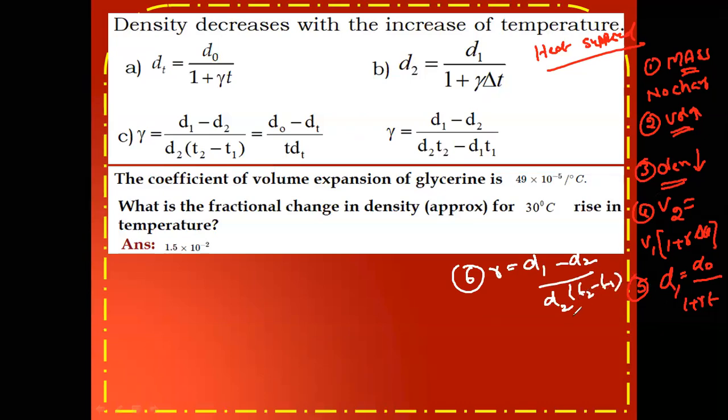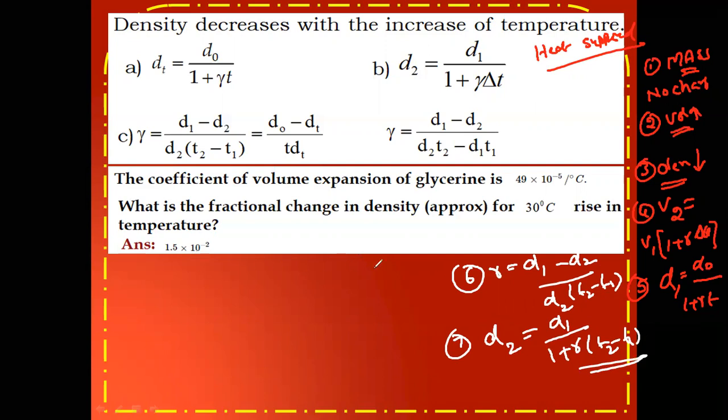All these formulas are important. Seventh one, d2 is equal to d1 by 1 plus gamma into (t2 minus t1). All these points are very important.